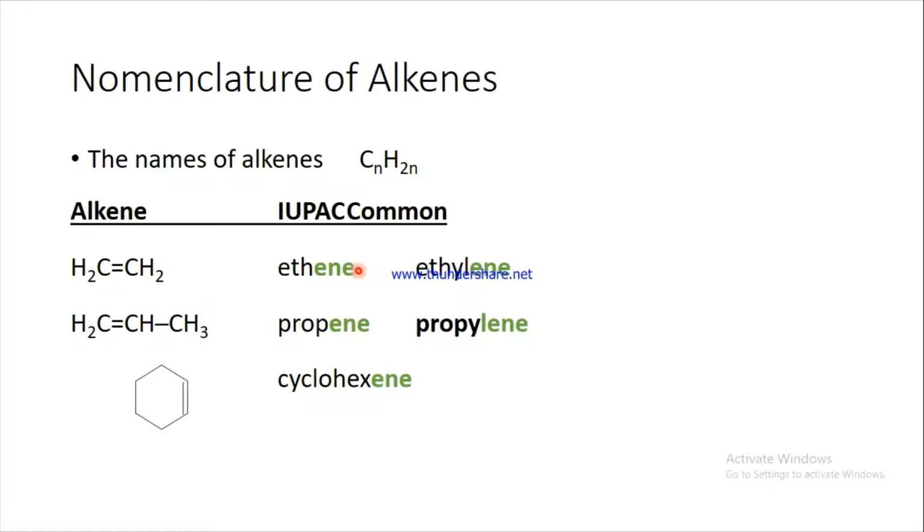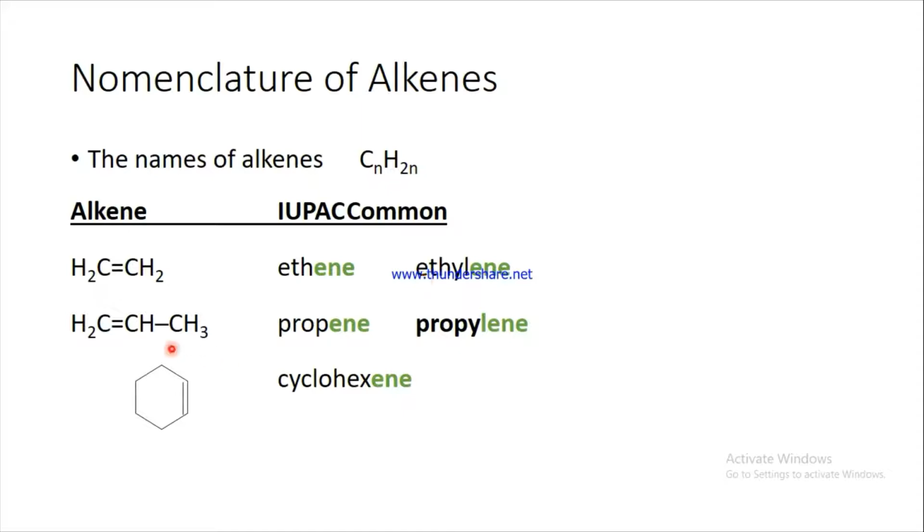Then we change the ending of the alkane name to ene, which is the suffix for our alkenes. So in this case, this is our alkene with 2 carbon atoms, so the name becomes ethene, or rather ethylene, depending on what you like.